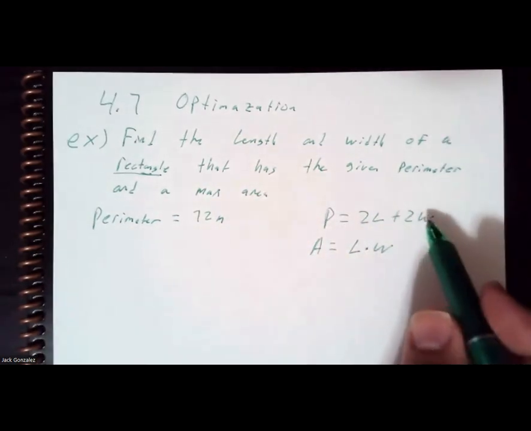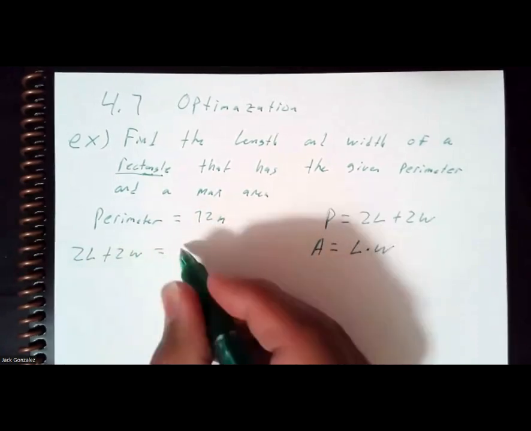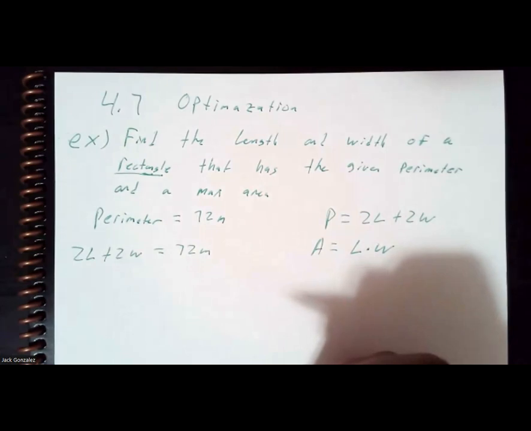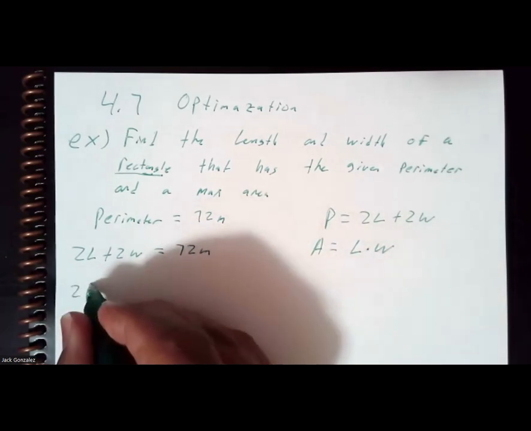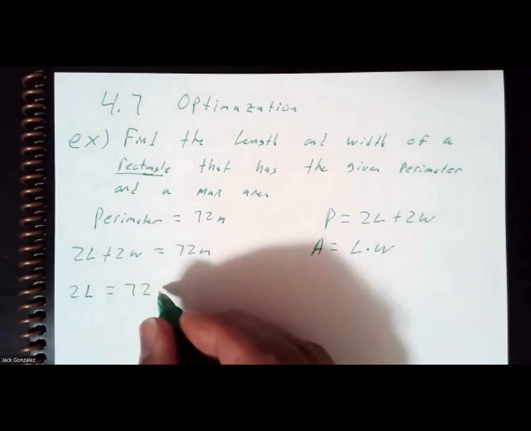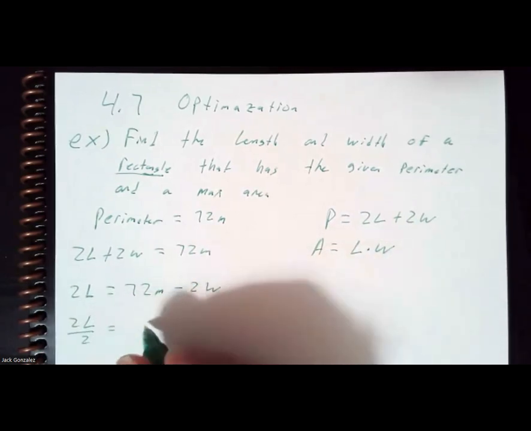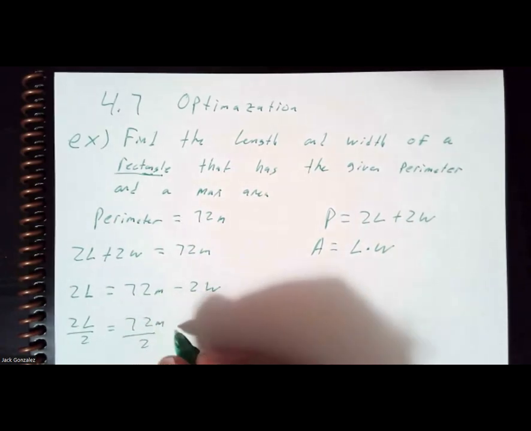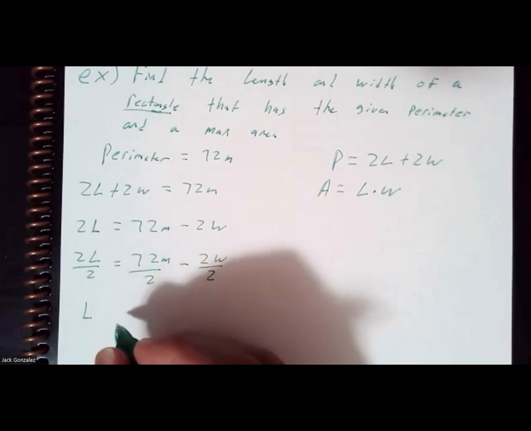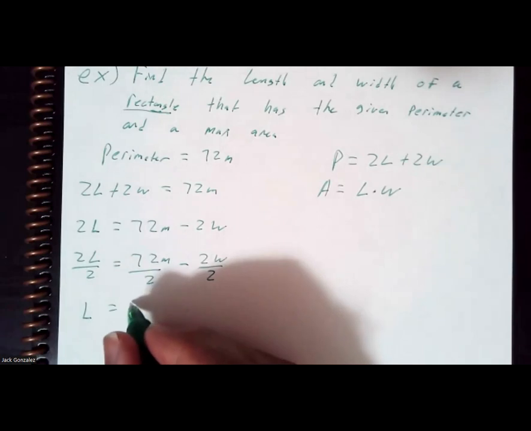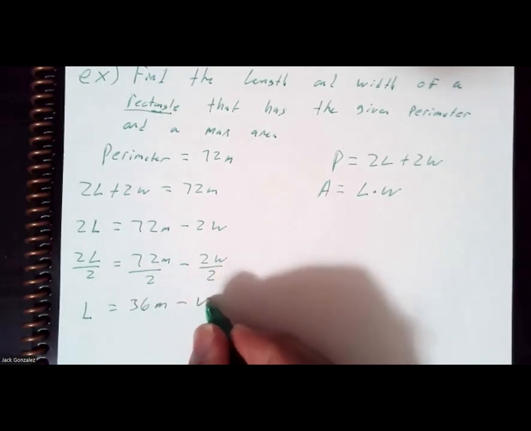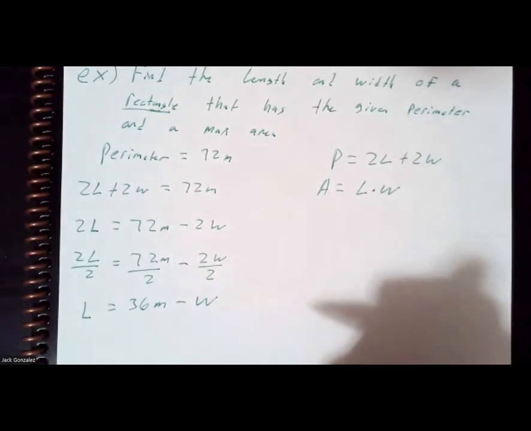So take the perimeter formula, set it equal to the perimeter that you have, and solve for, let's say, L. Subtract 2W. L equals 72 divided by 2, which is 36, minus W. So there's my length.